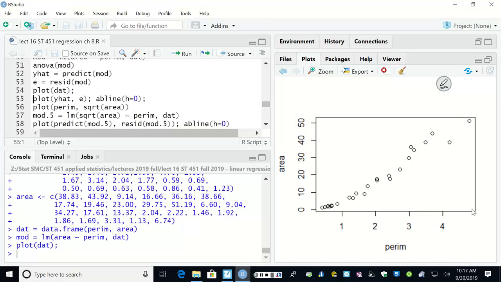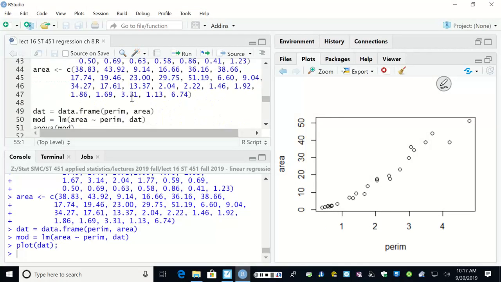The perimeter is in, I don't remember what the units are exactly, but the perimeter is the distance all the way around, and then the area is the square area inside. So in this case, this is in square feet, and this is in just linear feet or hundreds of feet. So one's a square and the other one's not, and it has this curved relationship, right? It's subtle. You could fit a straight line to that pretty well.